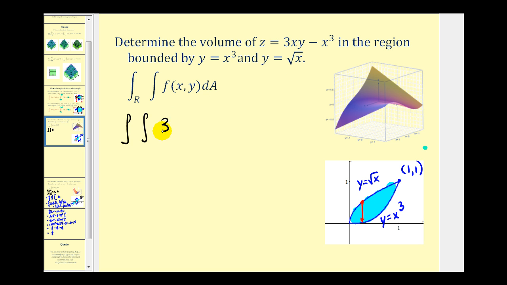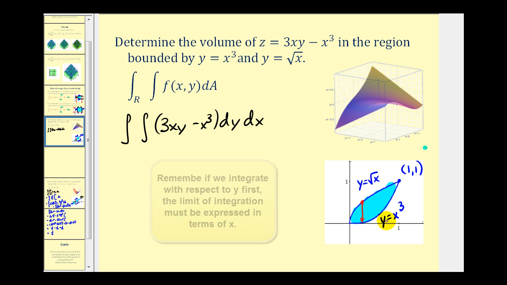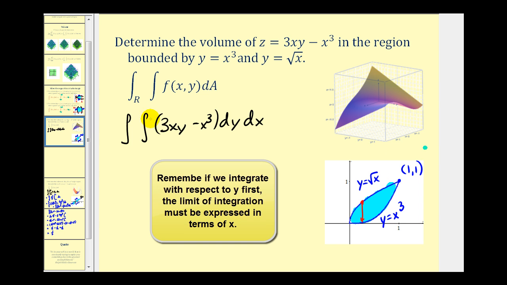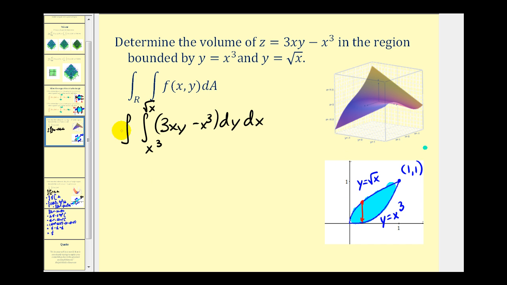So our function is 3xy minus x cubed, and we'll have dy dx. So limits of integration are going to be from x cubed to the square root of x. And then for y, it'll be from 0 to 1.